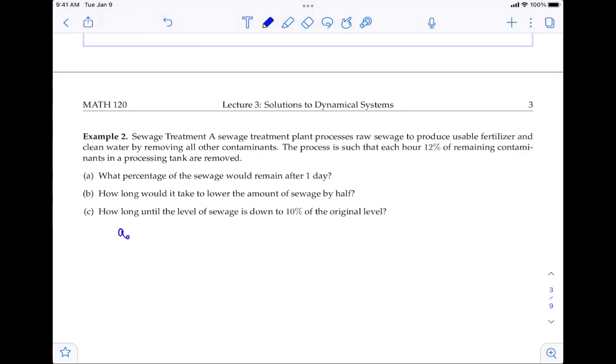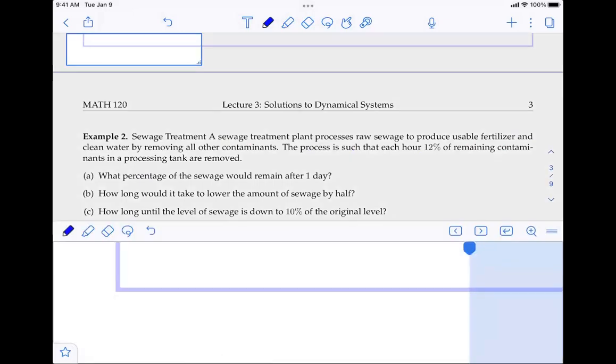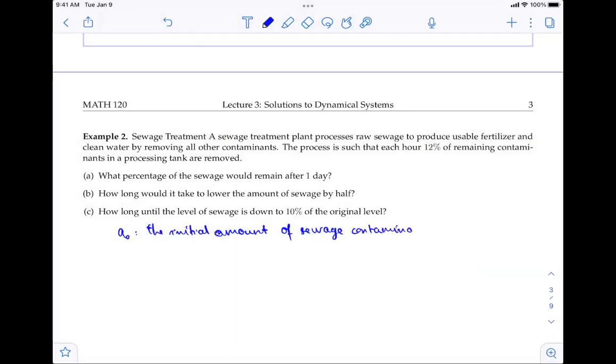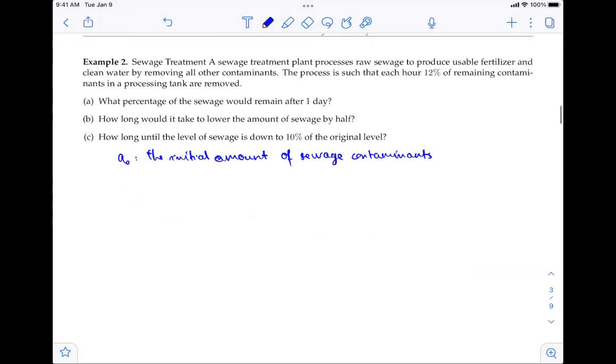So a sub 0 is the initial amount of sewage contaminant, and a sub n is the amount of sewage contaminant after n hours.